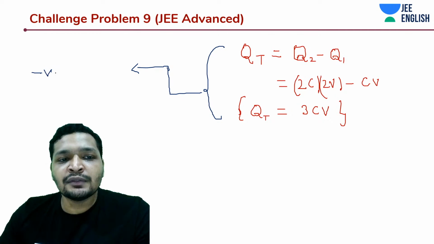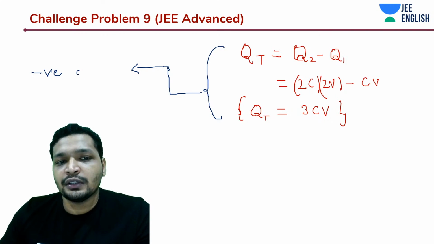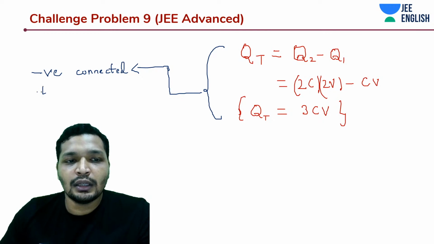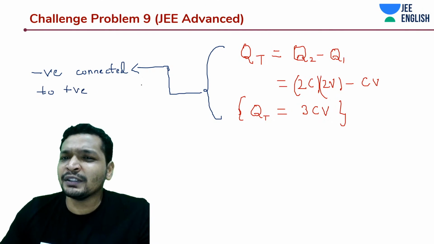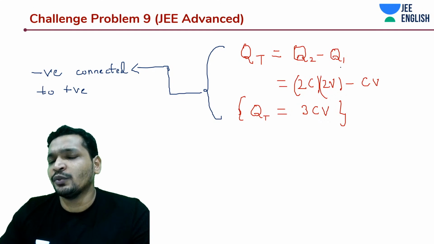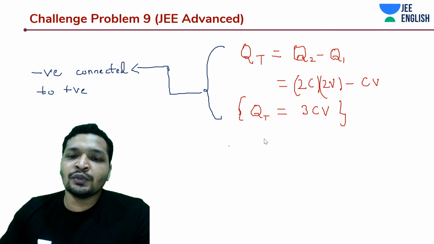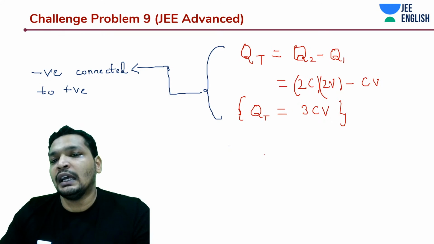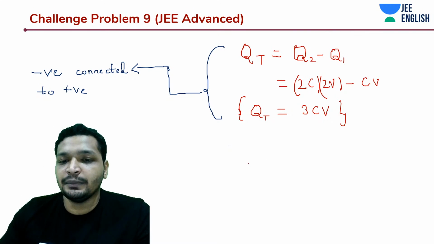This only happens when negative is connected to positive. Else you do Q1 plus Q2, it's not Q2 minus Q1. So this is one of the things that you know. What is the other thing? The other thing is that these plates should establish equal potentials across them.